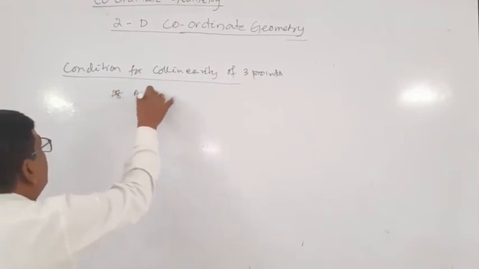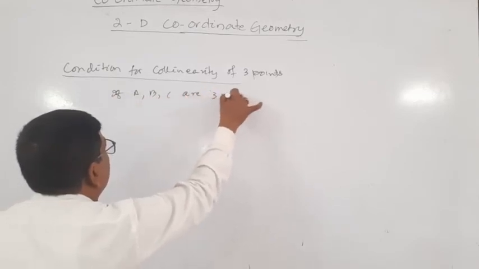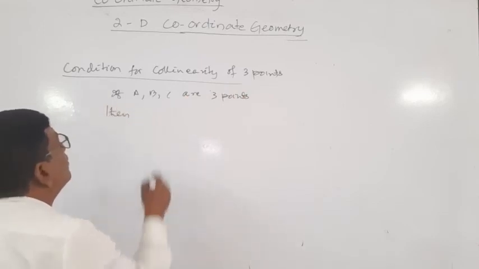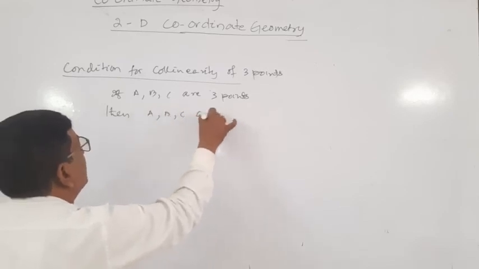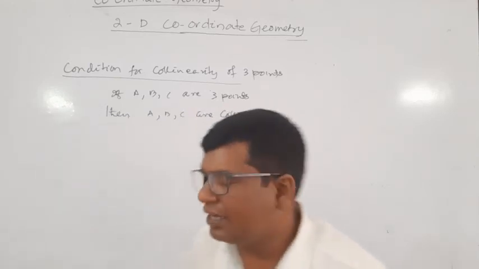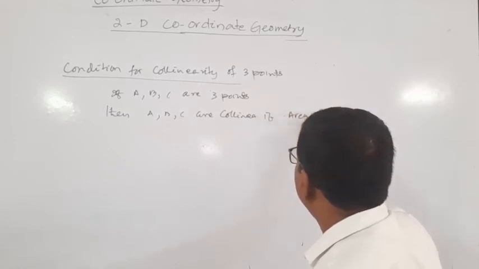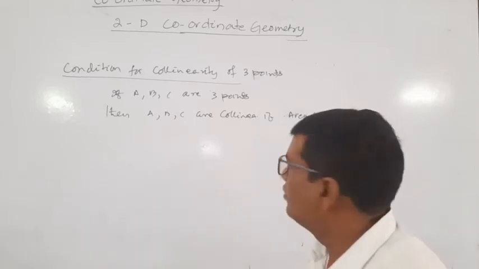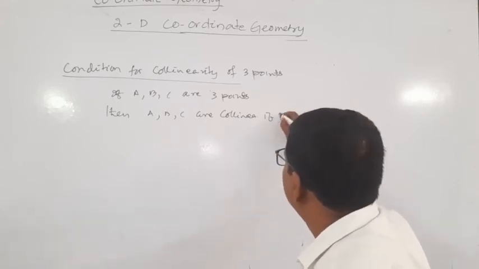If A, B, C are 3 points, then ABC are collinear if the area of triangle ABC is equal to 0. This is the area method. Number 2, the distance method.